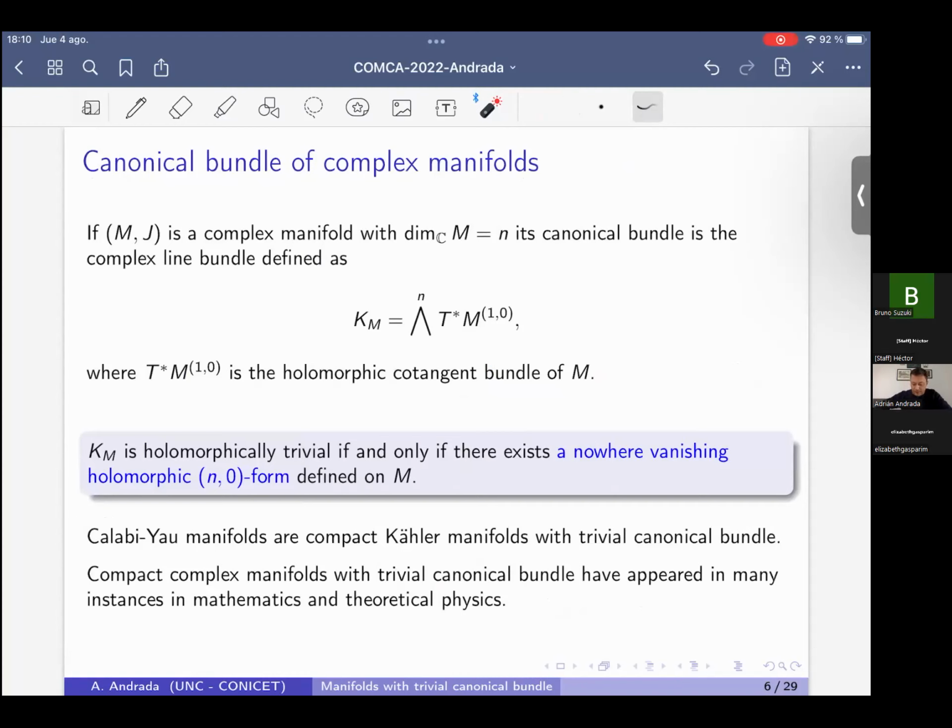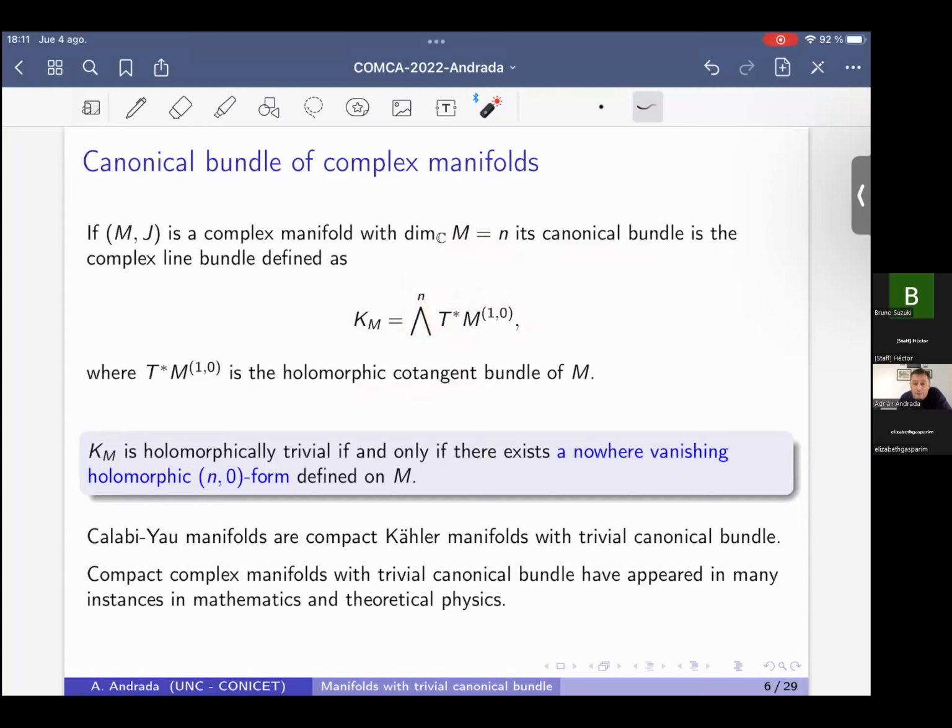So if we take any complex manifold with complex dimension n, its canonical bundle is a complex line bundle, which is defined as follows. K_M is the nth exterior power of the holomorphic cotangent bundle of the manifold.